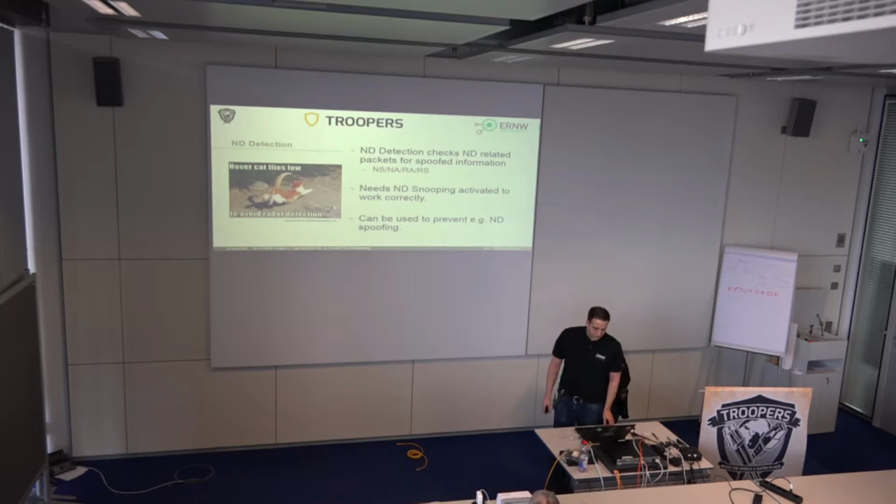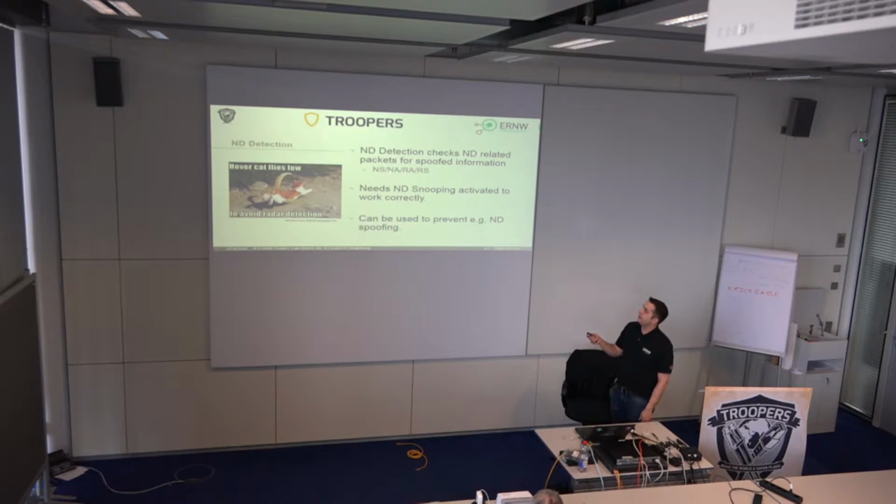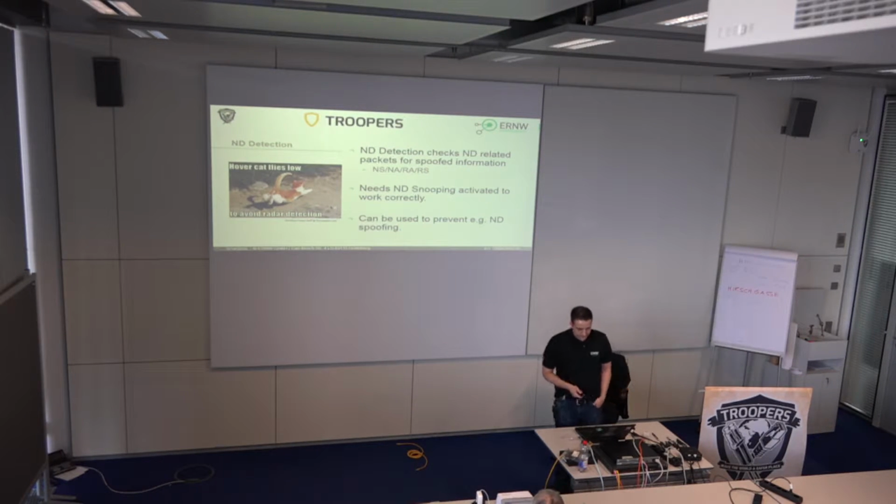So then we have the ND detection feature, as I said, which is responsible for all neighbor discovery related packets: neighbor solicitation, neighbor advertisement, router advertisement. Well, router solicitation, typically not. That's an error on my part on the slides.